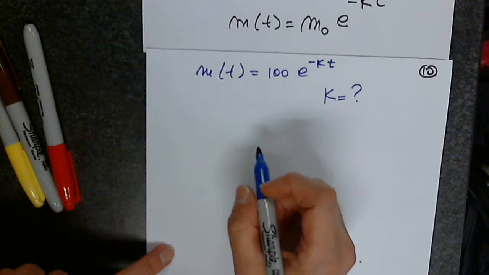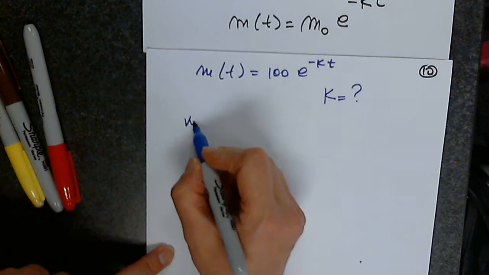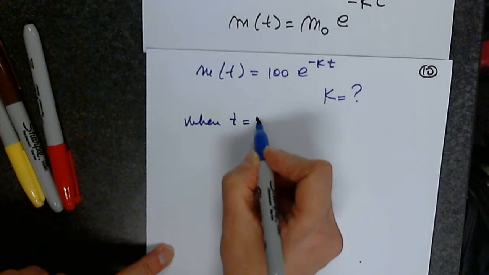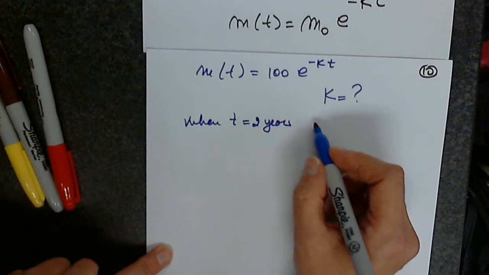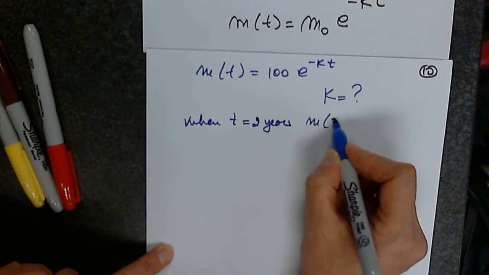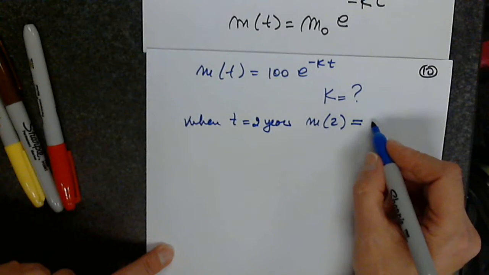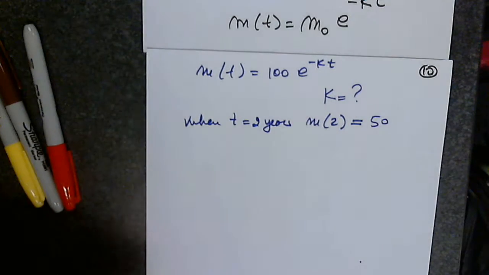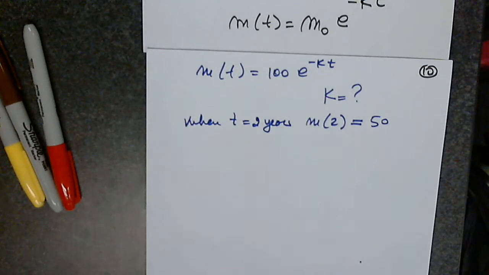So if I start, this tells me that when t is 2 years, m of 2 years will be 50. I want to put this information in the model, exactly how we just did a few minutes ago.